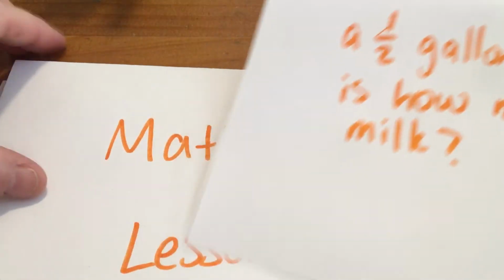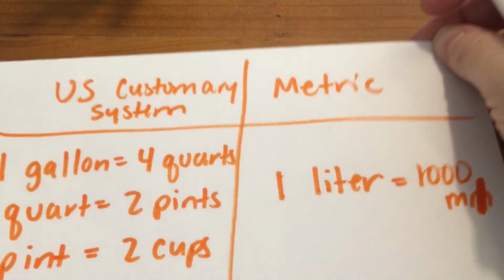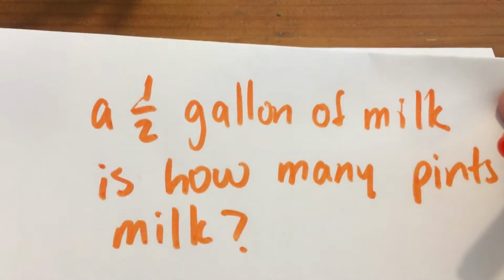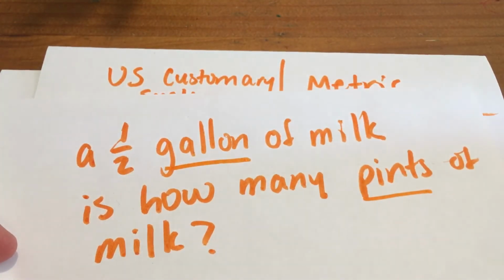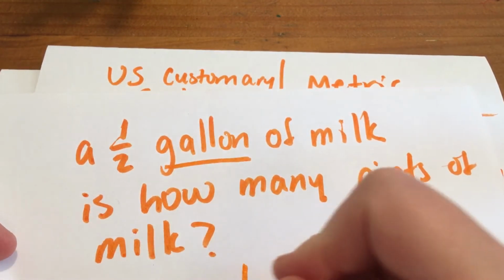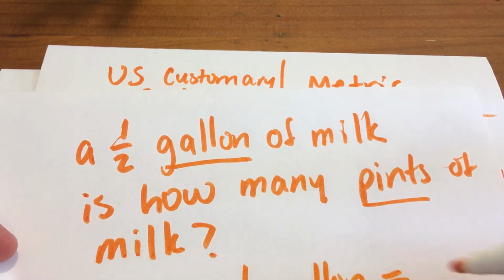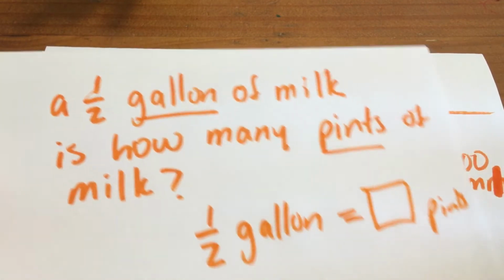Okay, so if you go back to here, they want us to go, let's look at it again, from gallons to pints. And we're starting with a half gallon, not a whole gallon. How many pints will that be?